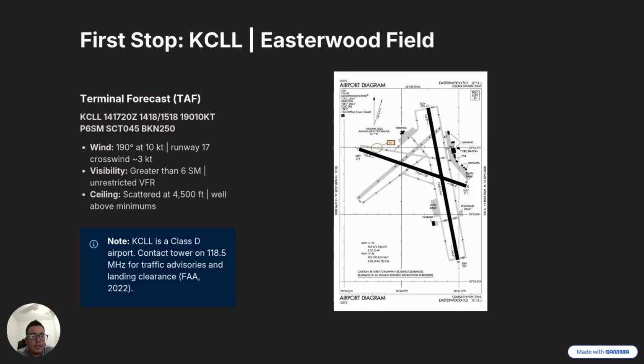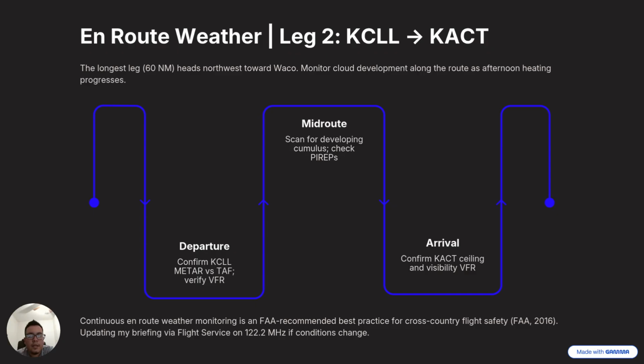The ceiling is scattered at 4,500, well above my minimums. Just a quick note here as well: College Station is Class Delta airspace, so tune into ATIS first, and then get in contact with Tower before entering the actual Class Delta airspace. This is also the rule from the FAA.